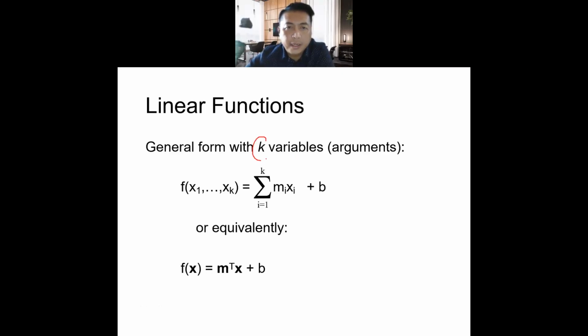So x1 up to xk, we are referring to k number of attributes. So this is your attribute or your field.